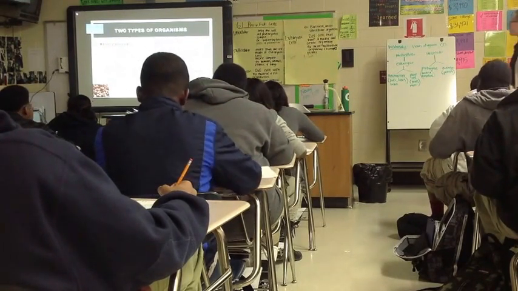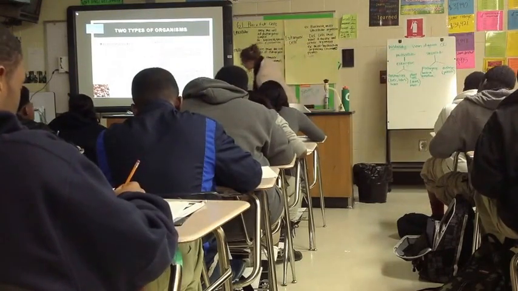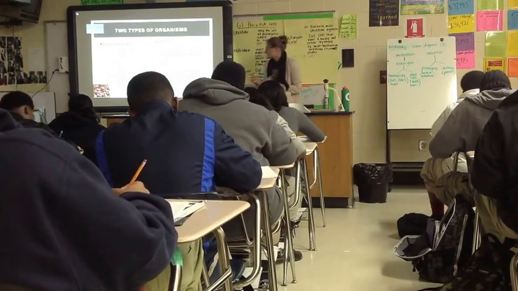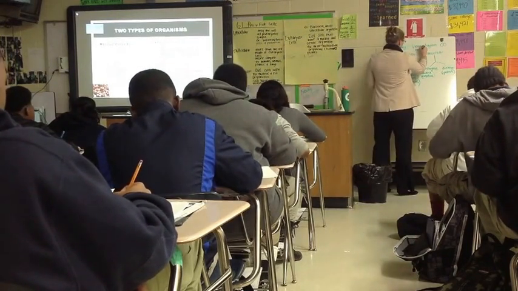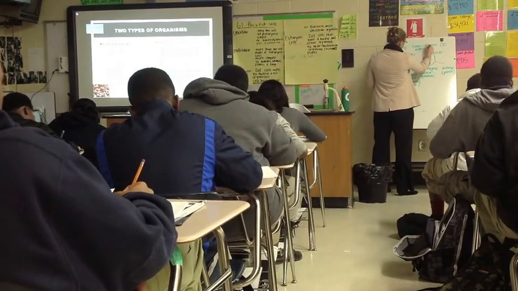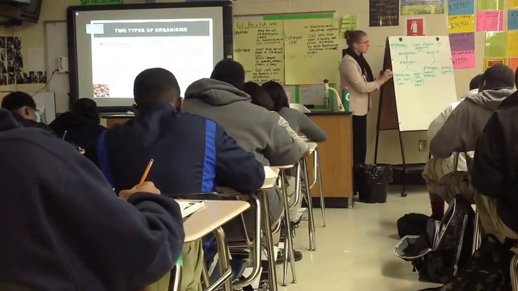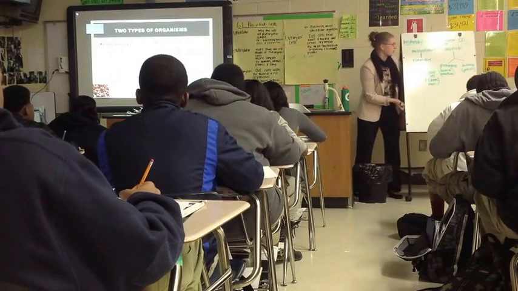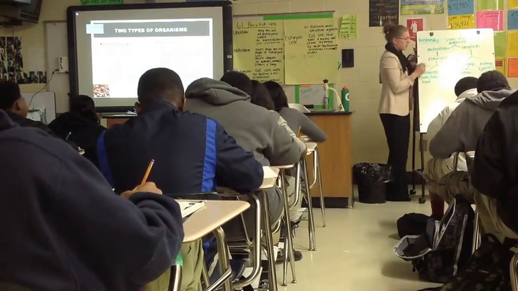Multicellular organisms are made up of more than 1 cell. So we have organisms, and you can have 2 different categories. You have either multicellular or unicellular, and then it goes down to cell type.